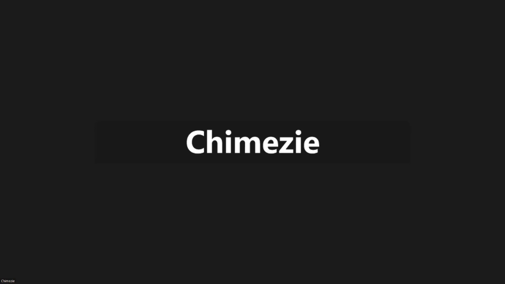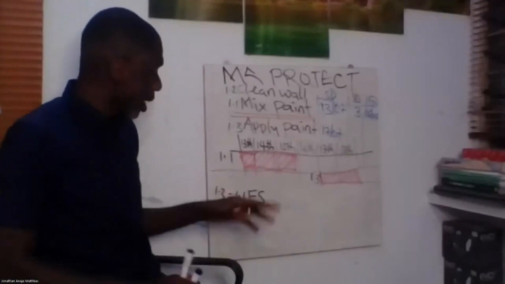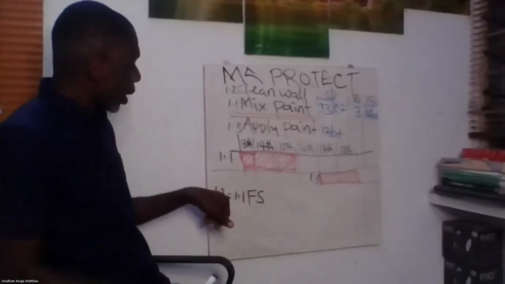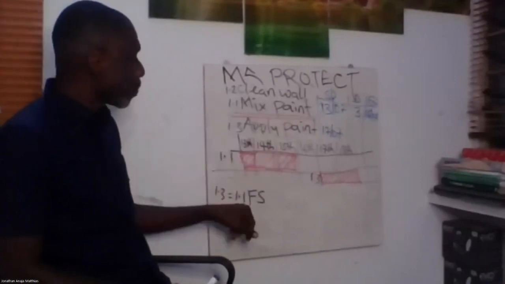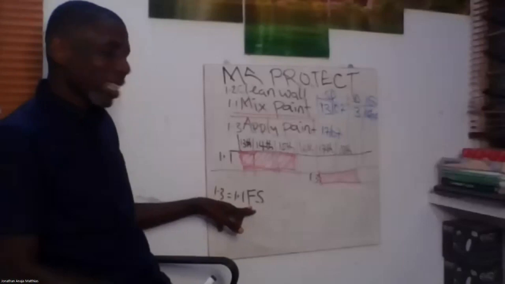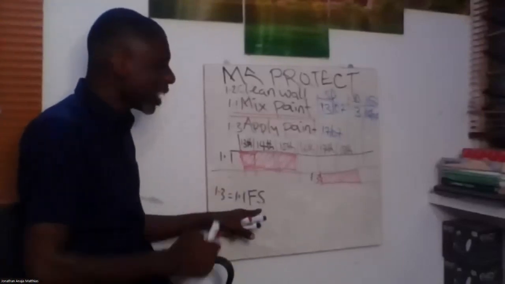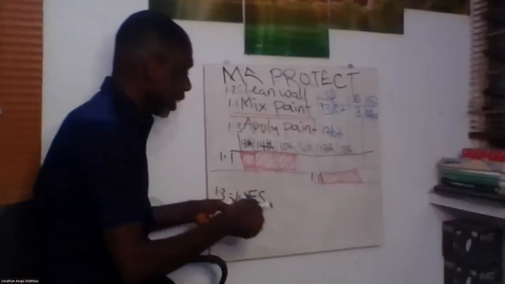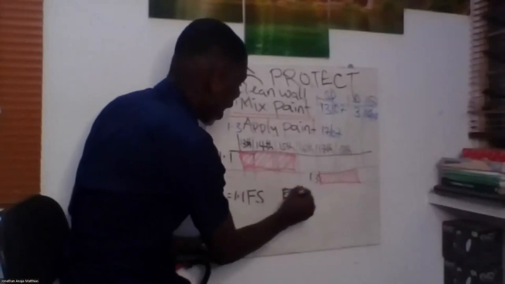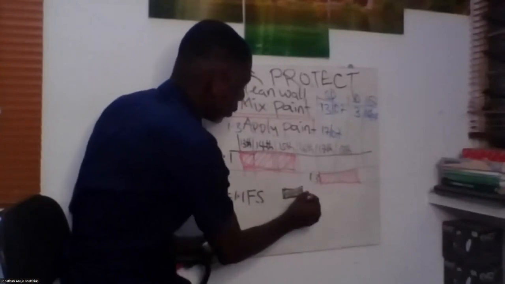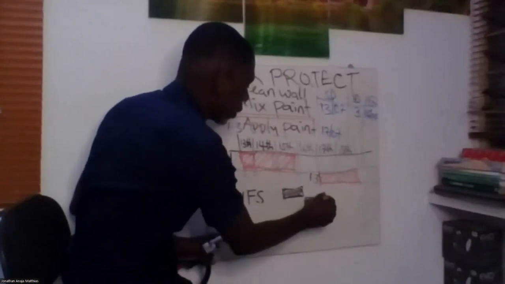I want it to be a finish to start relationship. Finish to start relationship simply means I want 1.3 apply paint to be equal to mix paint in a finish to start relationship, right? If I leave it as this, it will give me 1.1, and it will allow my apply paint to just start immediately after this one finishes.